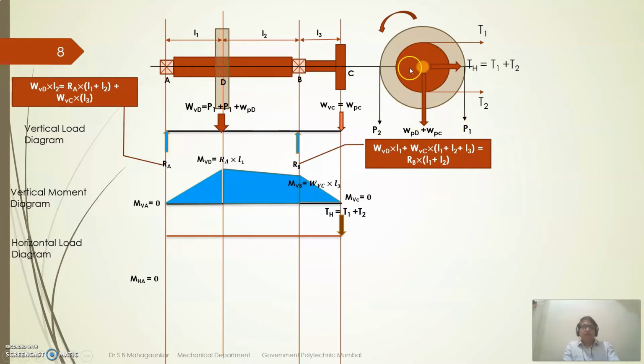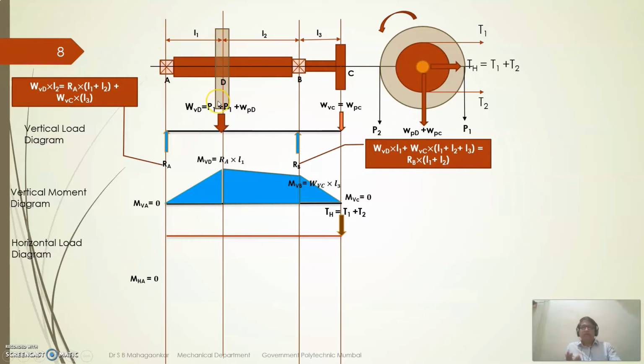Yes, P1 and P2 are vertical loads, so we only take those for the vertical diagram. Now T1, T2 are horizontal loads acting at point C. So only one horizontal load acts at point C. There are no other horizontal loads.